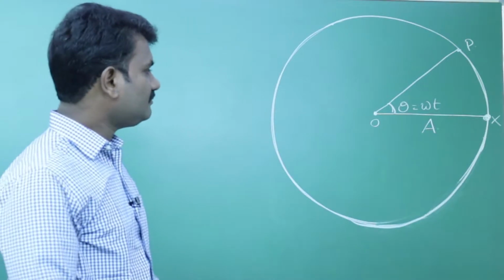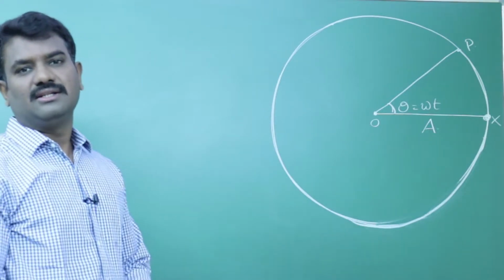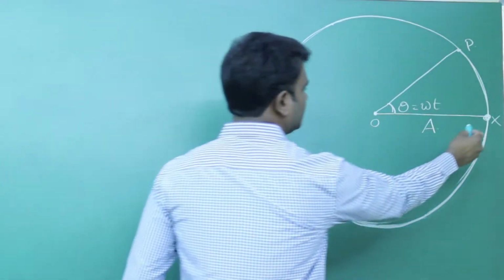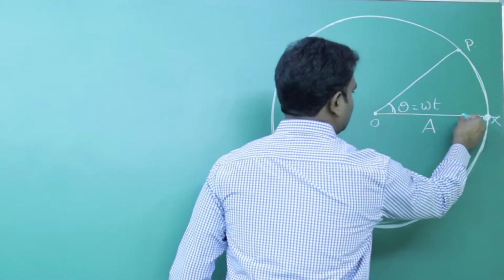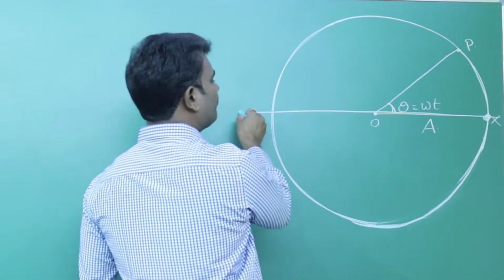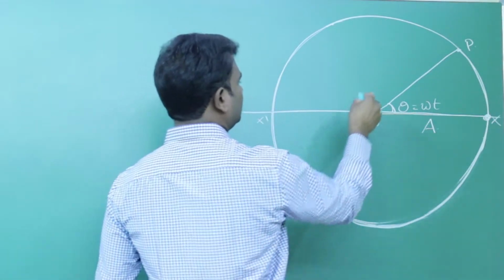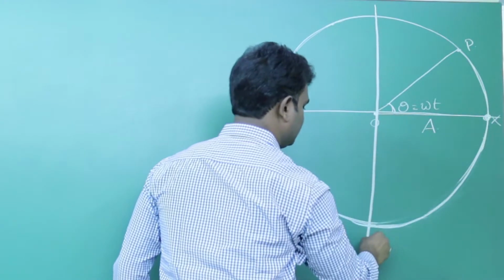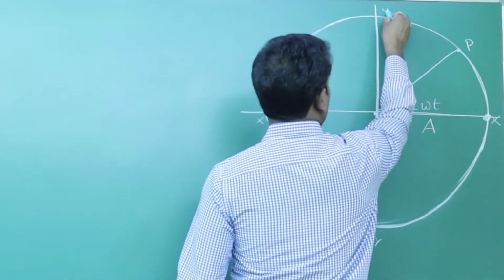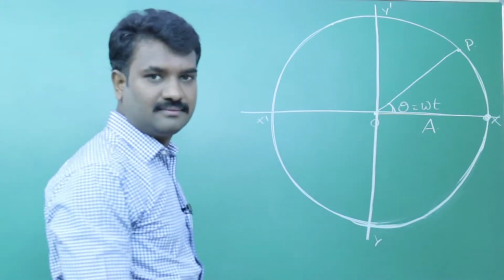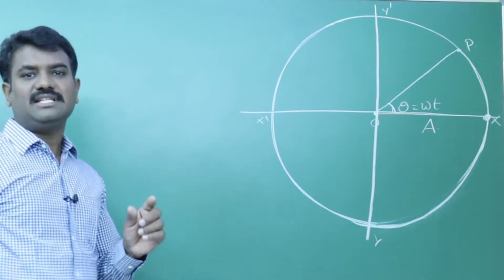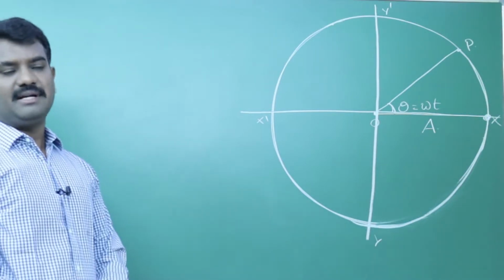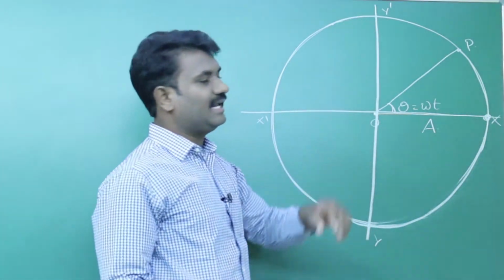Now let us take the x and y axes as diameters. Say this is one diameter, X dash X, and this is the y axis, as well as another diameter, Y Y dash. Now I would like to see the projection of the object along the diameter Y Y dash.